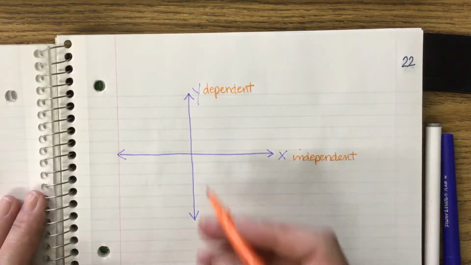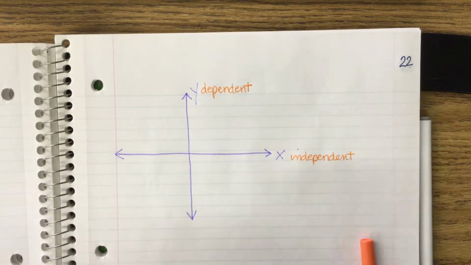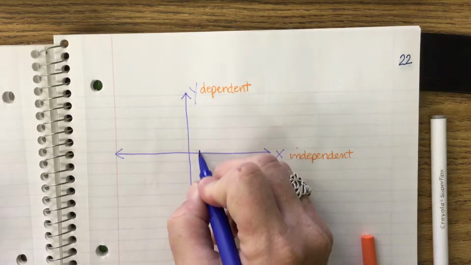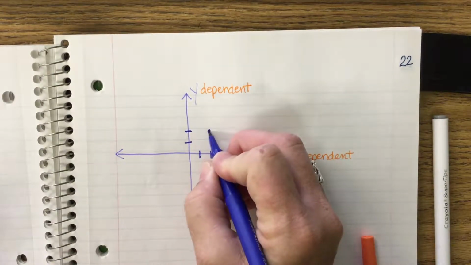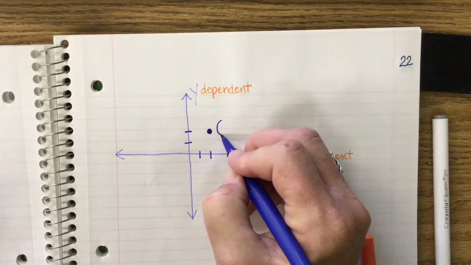And remember, when you have a point on a graph, I know that this is a review and you're probably thinking, oh, this is boring. When you do a point, your x comes first.